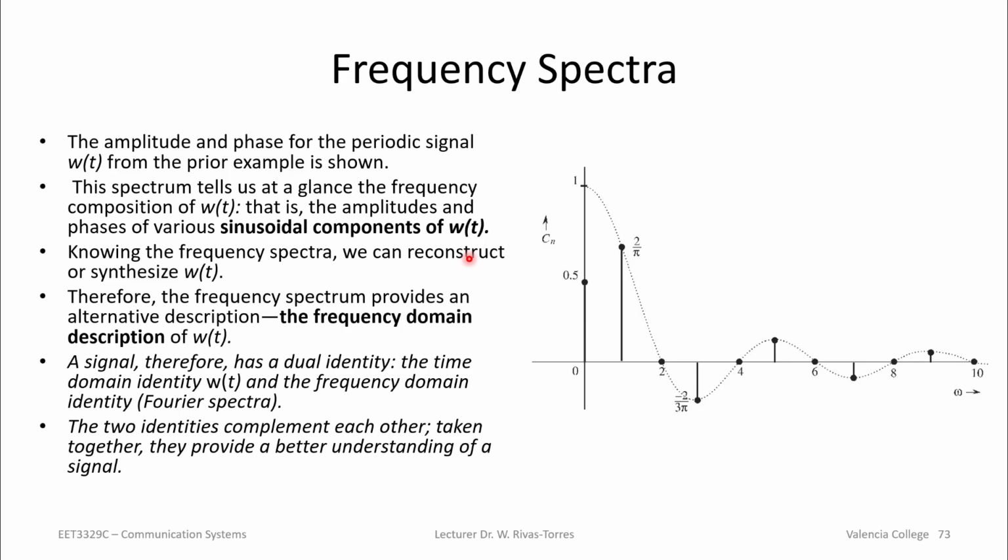If you look at it that way, you can rotate this 3D plot and see different aspects of the signal, but it's always the same signal. It's not like it has two identities. I find that concept a little bit strange to handle. It's the same signal viewed from a different domain, either the frequency domain or the time domain.